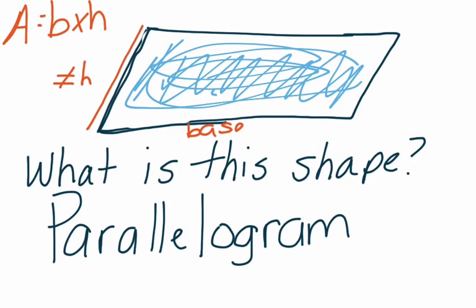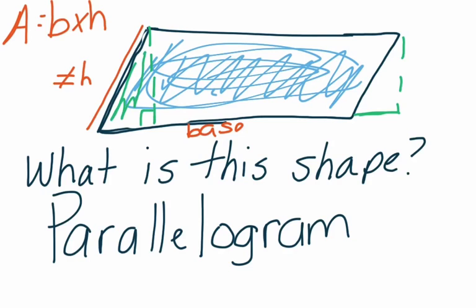We have to create the height. So in order to create the height, we are going to make a right triangle. Now, if we were to cut this right triangle out, flip it over, and take it to the other side, we have now created a rectangle.